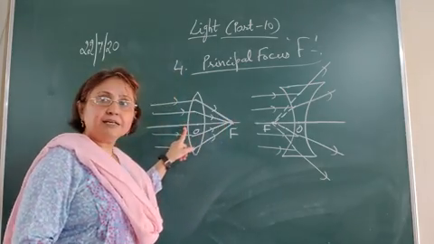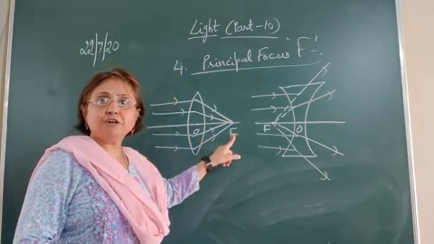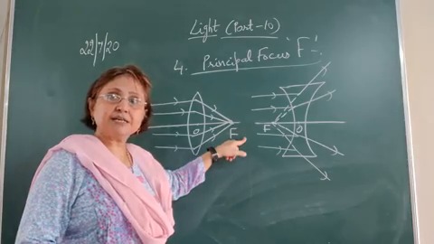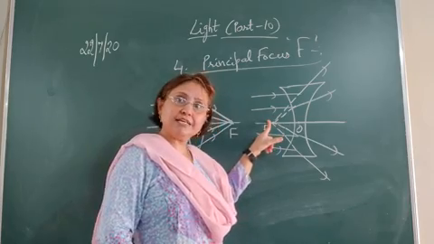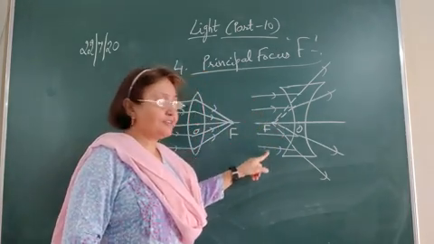Here you can see that the principal focus of the convex lens is on the other side, whereas the principal focus of the concave lens is on the same side from where the incident rays are coming.